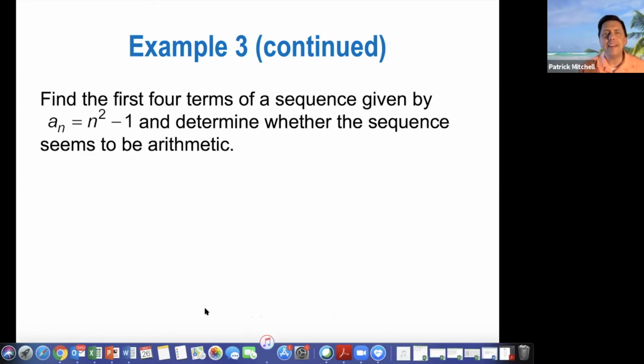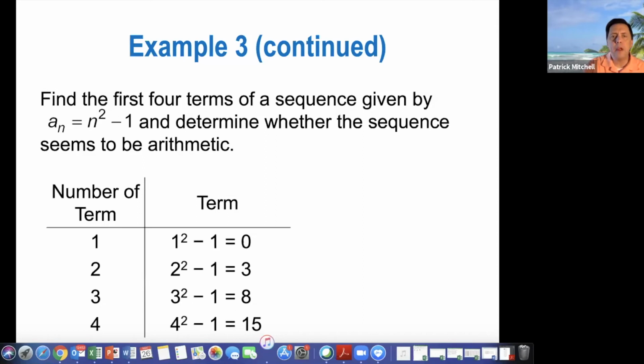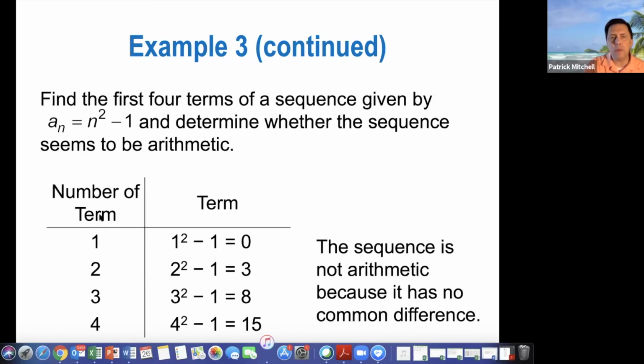All right, continuing this example, find the first 4 terms of a sequence given by a sub n equals n squared minus 1, and determine whether that sequence seems to be arithmetic. So the same way, we'll replace n with the numbers 1, 2, 3, 4. Here's what we come up with.